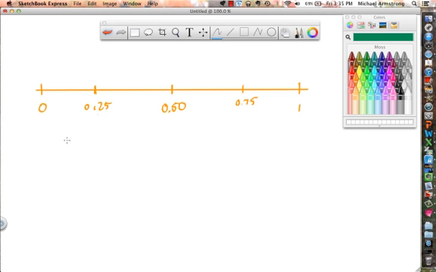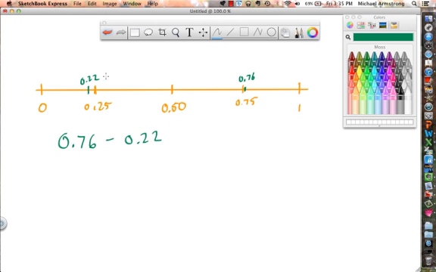Again, they gave us some numbers. We're going to do subtraction. 0.76. Make sure we do that right. 0.76 minus 22 hundredths, 0.22. So we'll go ahead and write these in here. 0.76 is just right next to the 0.75. And 0.22 is pretty close to the 0.25.